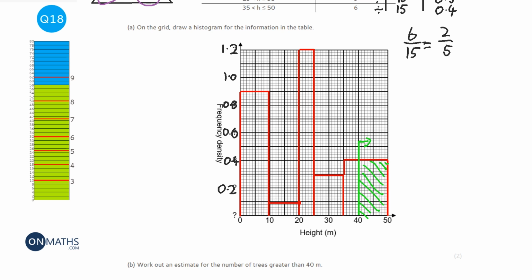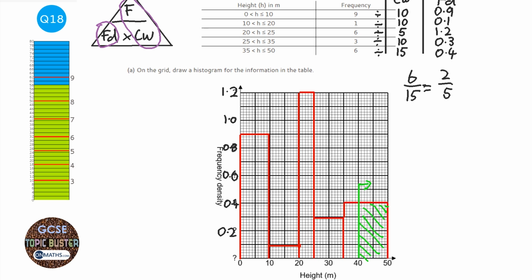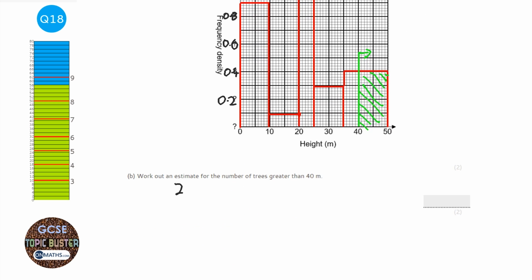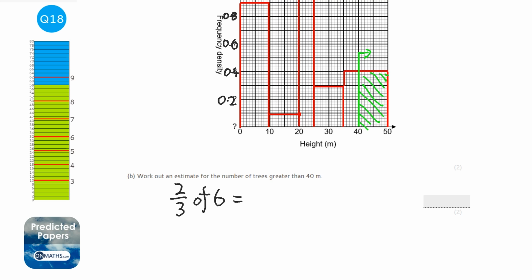Well, if you look at it, I've shaded in 2/3 of that last group. In the last group there are 6. So I want to find 2/3 of 6, because the total frequency for that bar is 6. Well, 1/3 of 6 is 2, so 2/3 of 6 is 4.